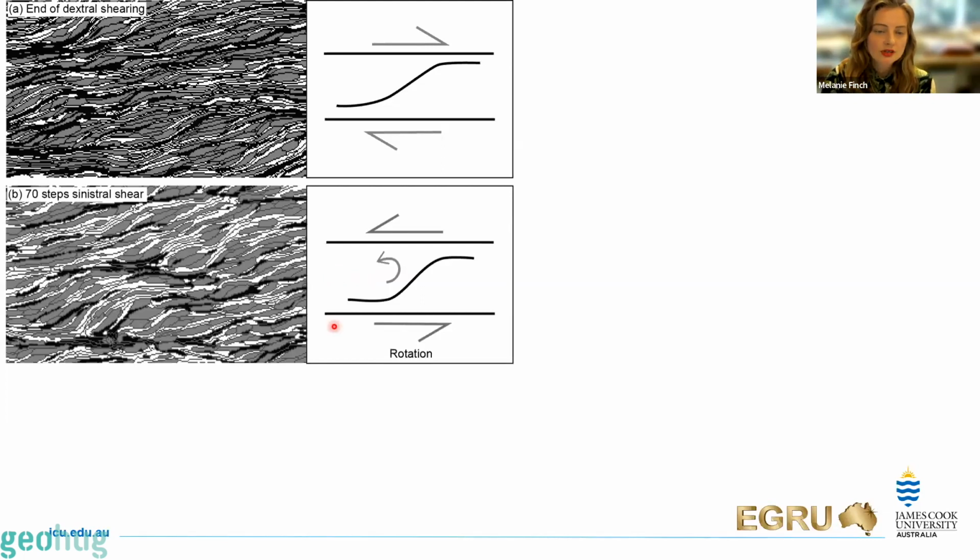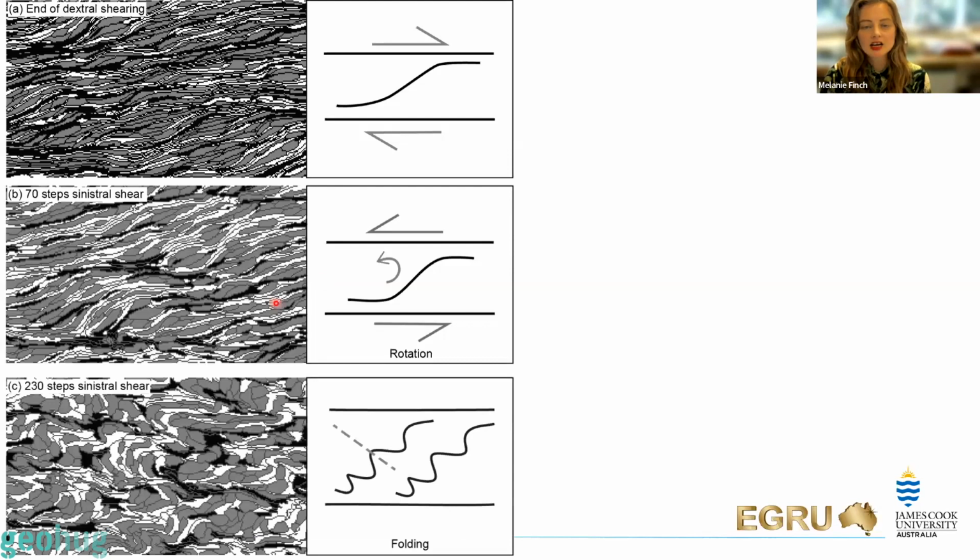When these rotate backwards and become steeper, they actually enter the shortening field of deformation. So the shortening field for sinistral shearing is in this orientation. So when they enter that maximum shortening direction, that means these S-planes fold. So they form a number of folds through here like this.